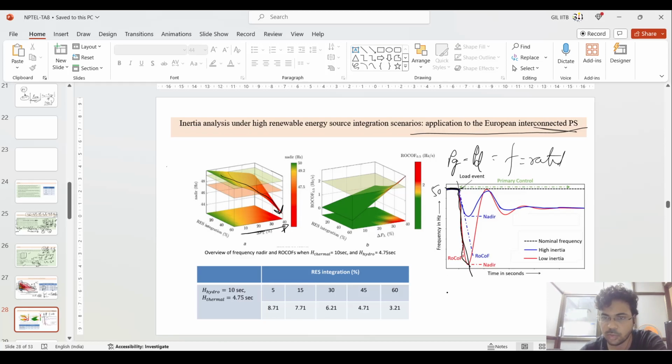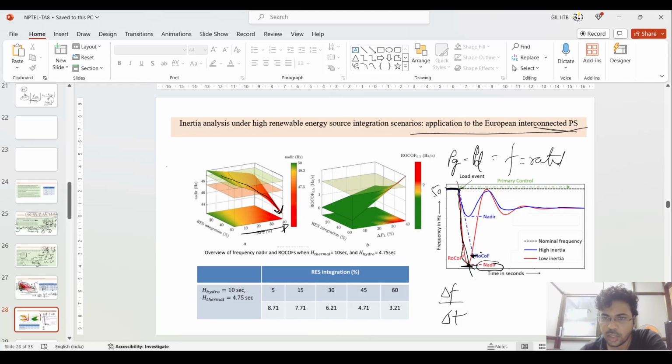At that particular event, the frequency drops down. This is your frequency response, that is the rate of change of frequency, delta f by delta t. And this comes to a very low point, that is called the frequency nadir. That is the lowest point to which the frequency can go.